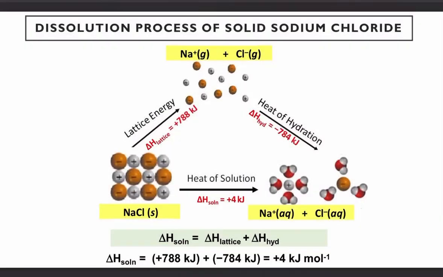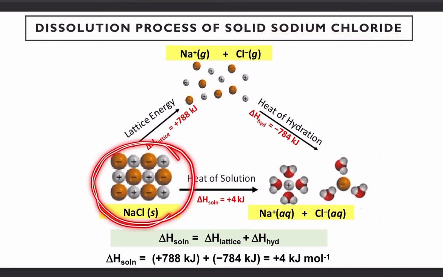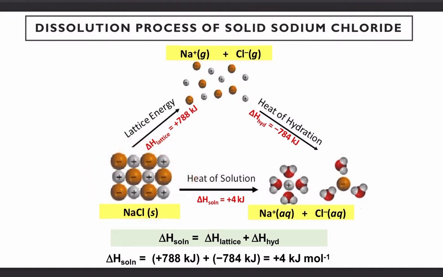Alright, so this is a visualization of the dissolution process, or delta H solution, of your solid NaCl. Right here we have our ionic solid, and it undergoes delta H lattice, which is the endothermic lattice dissociation energy, to form gaseous ions. From gaseous ions, we want to form our aqueous ions by hydrating our gaseous ions with water.